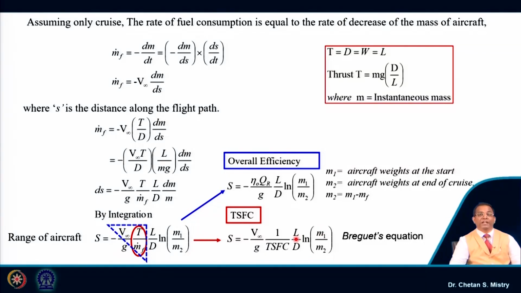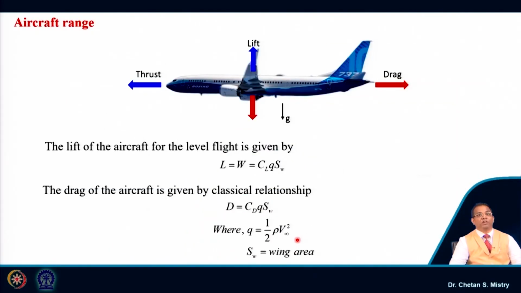Now, this L by D ratio is an aerodynamic parameter that depends on my aircraft configuration. This L by D ratio can be represented in terms of CL by CD. So let us look at this part. What we know, my lift force we can represent in terms of CL into q into SW, where SW is nothing but my wing area.